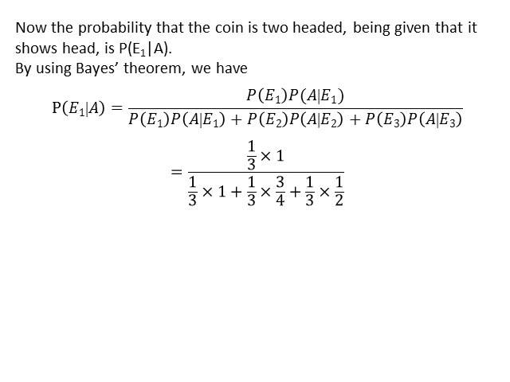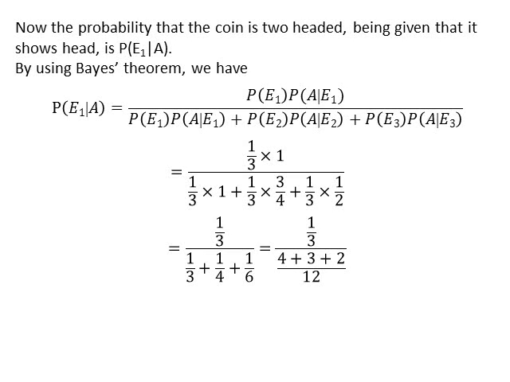Now substitute the values of probabilities as shown. Simplify it. After simplification, we get the probability of E1 given A equals 4 by 9.